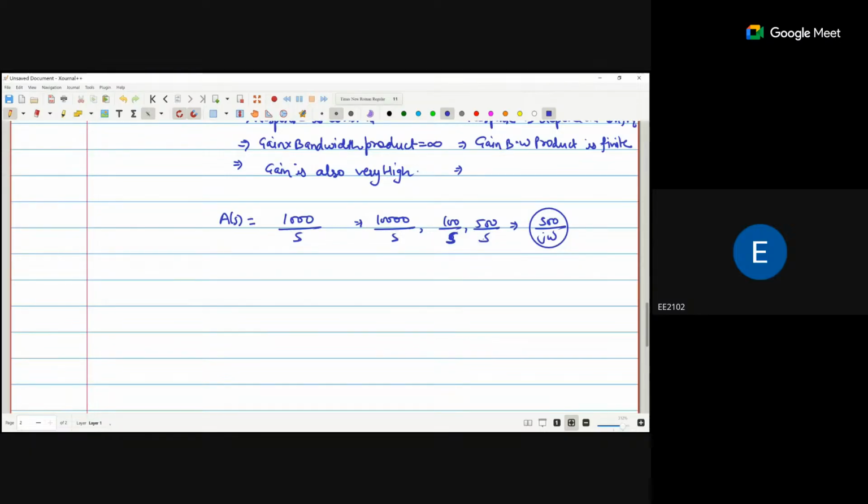Clear? Any doubt? No, sir. Okay. Now if the gain is this one, we can say that the transfer function is A naught upon 1 plus s upon omega naught. What is the meaning of this?